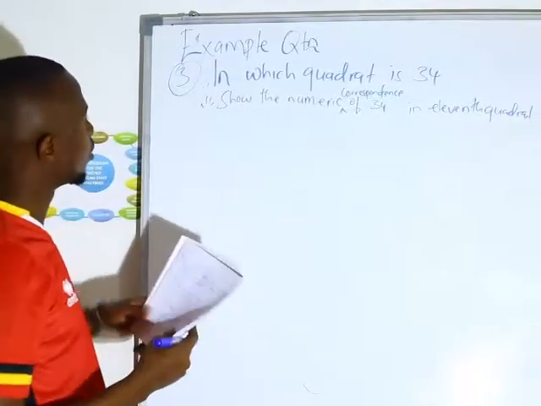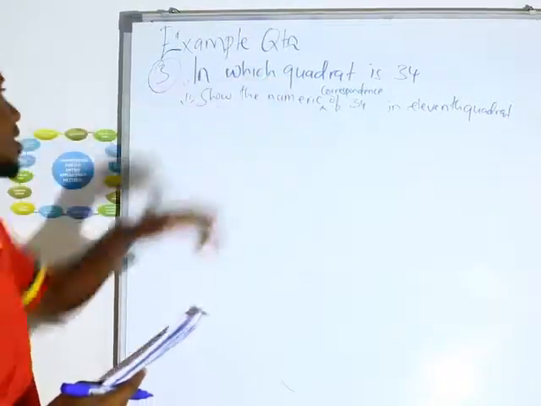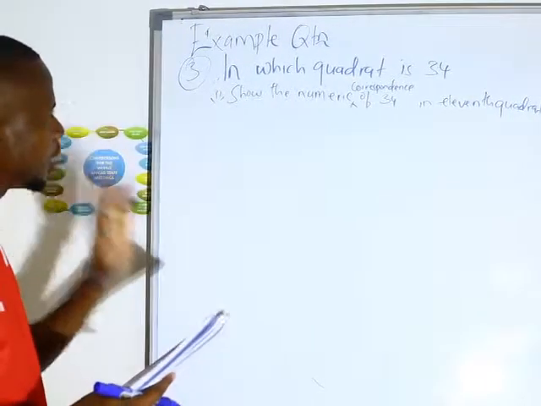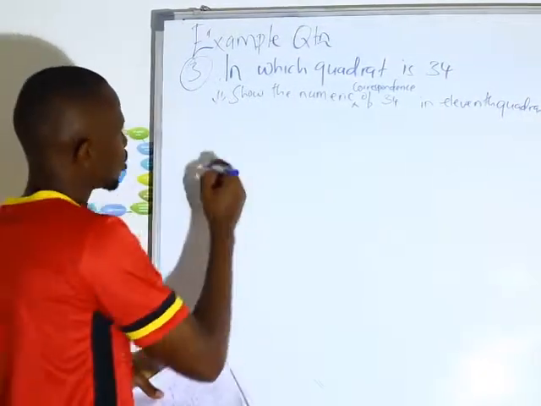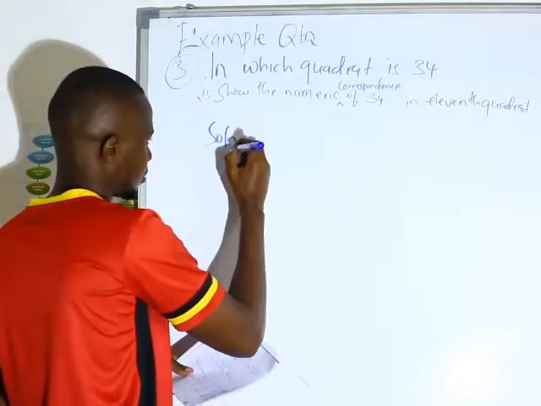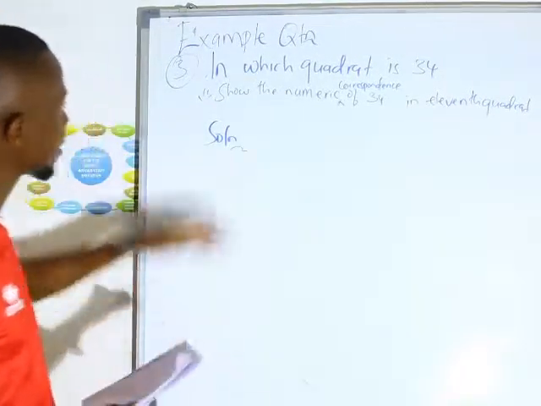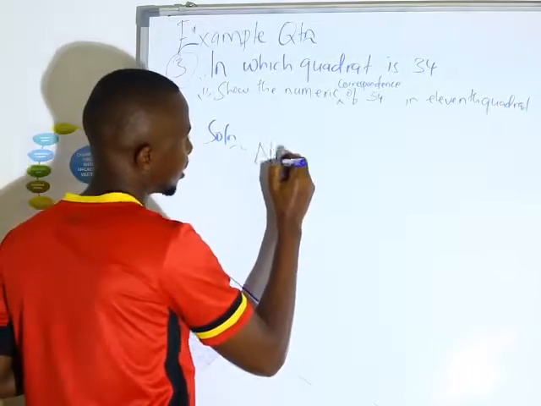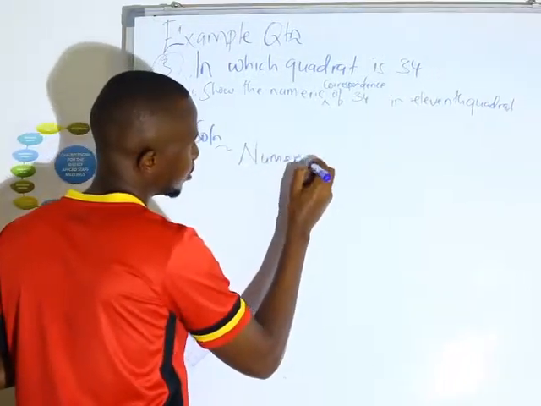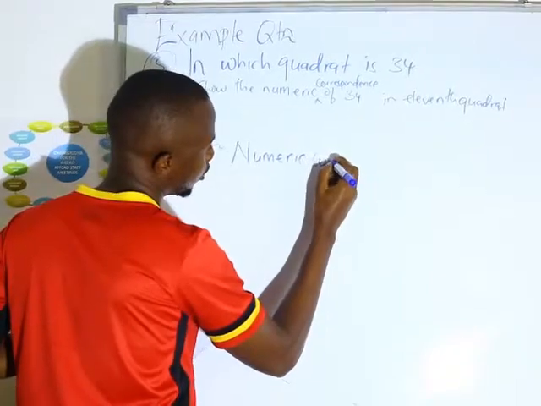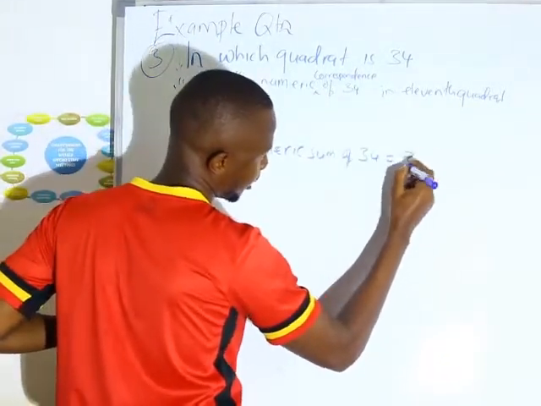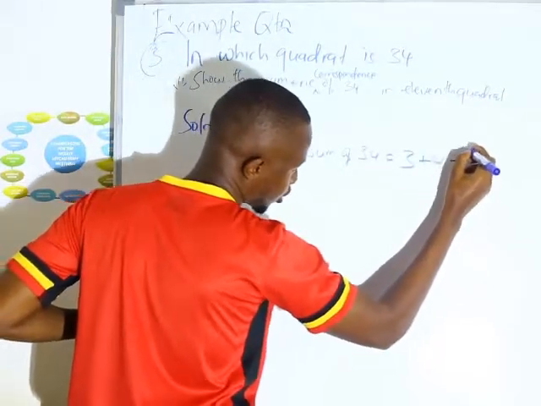So let us start off with the first one. In which quadrant is 34? How do you find, just given a number, in which quadrant it lies? Solution. You first find the numeric sum of 34, which equals 3 plus 4, which equals 7.